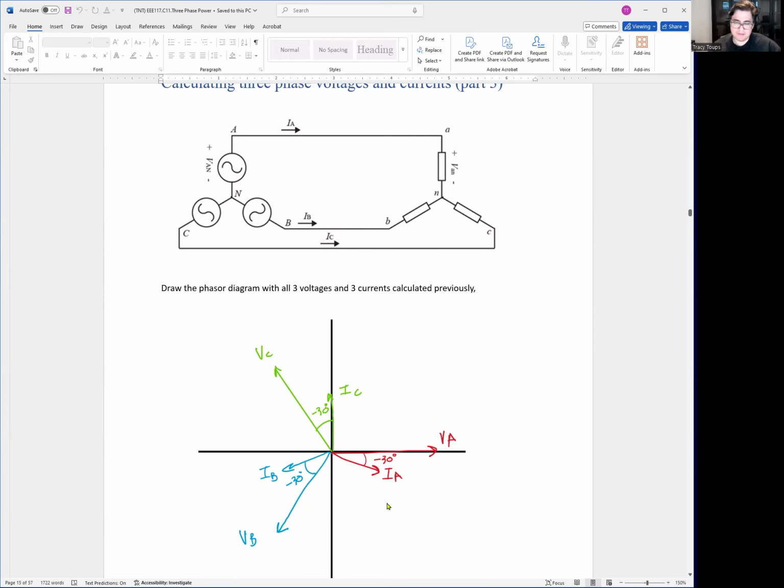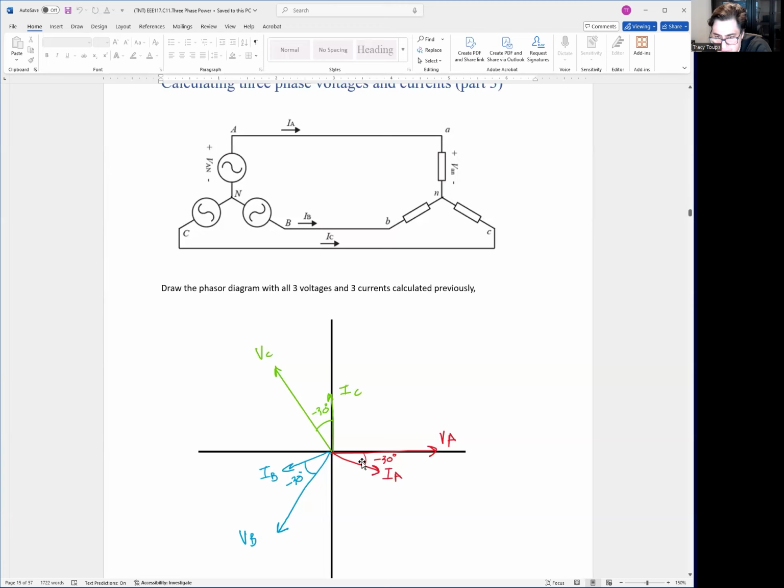Now look at IA. We said IA was 350, so it's shorter. Now this is a little drawn out of scale, but this is a smaller phasor. And notice that negative 30 degrees. You see how we're off by 30 degrees from A phase? That's a negative 30 degree phase shift on the current. Notice IB is negative 30 degrees off from the voltage on B phase, and has a smaller magnitude than VB. IA and IB both have the same magnitude.